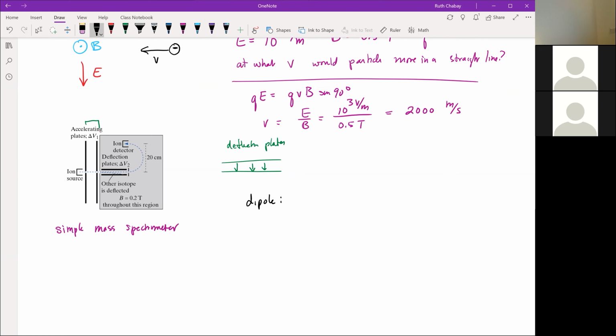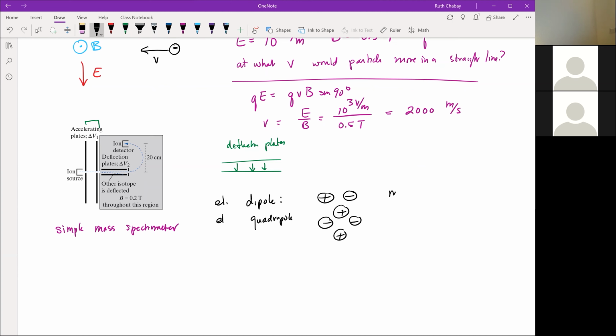An electric dipole is just a positive charge and a negative charge. An electric quadrupole would be something like this, where you'd have 4 charges. A pole in this case just refers to a charge, for example, and it makes a more complicated field.